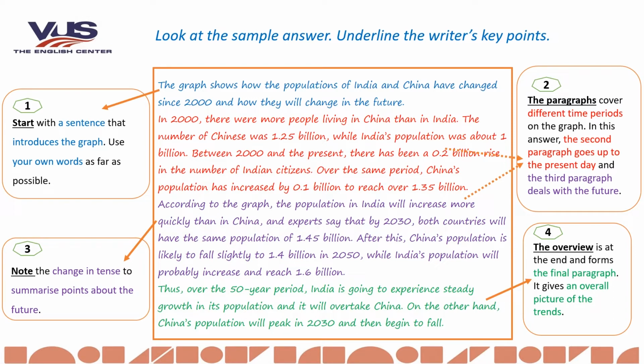And then on the other hand, China's population will peak in 2030 before falling. So that's another sentence. Okay. So in order to show the contrast of the difference in the two trends, they use on the other hand. And you notice here for the overview, no figures included, no figures reported here. Just the pure overall trend, okay?